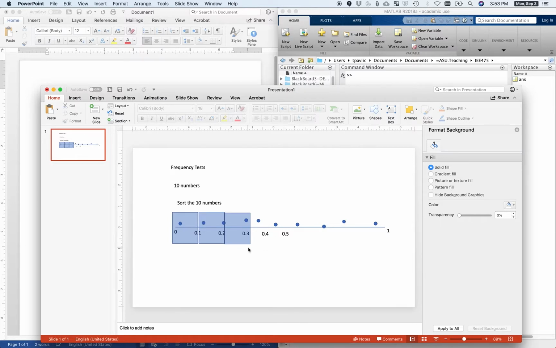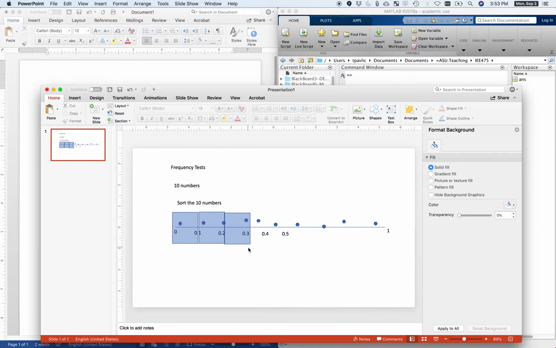And that test statistic, I'll be able to go into a table and look up to see if it's too large. If the test statistic is very large, then that means that one of my points was totally in the wrong box. It was just way outside of the box that it was supposed to go in. And if that test statistic is sufficiently large, then we're going to fail the test and reject the hypothesis of uniformity.